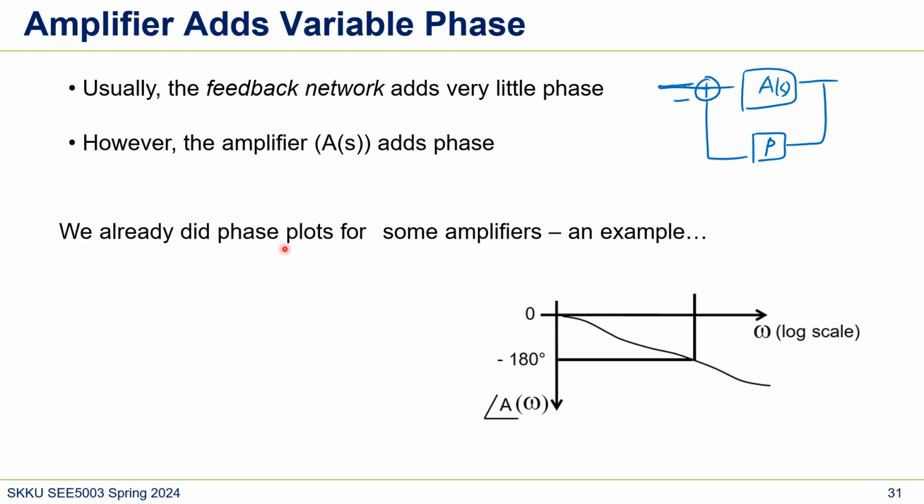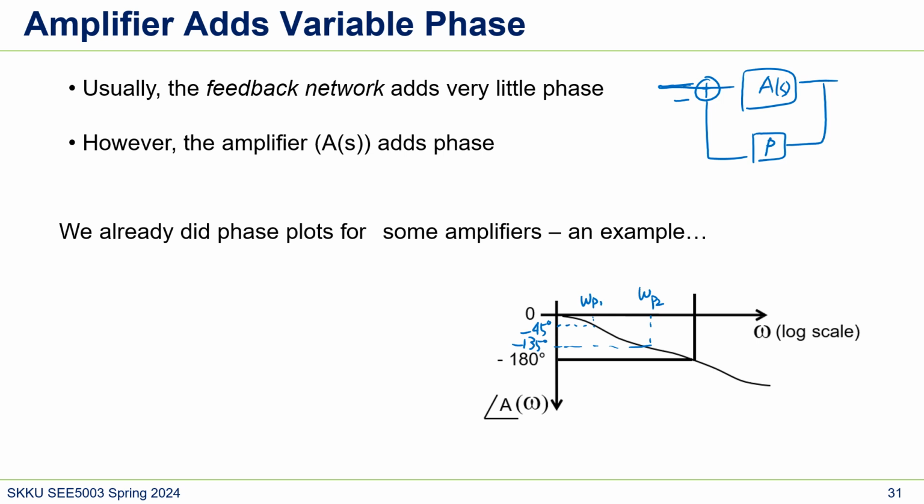And then we already did a phase plot for some amplifiers like this, right? And we have a pole. What does a pole do to the phase shift? So, for example, if there is a pole at WP, there could be minus 45, and then minus 135, and that's like pole 2.